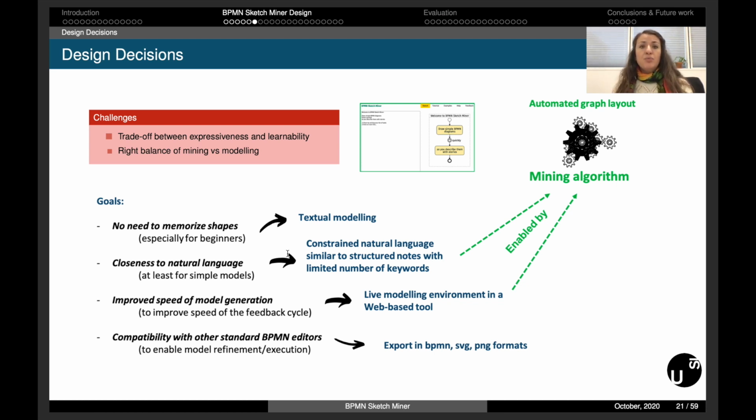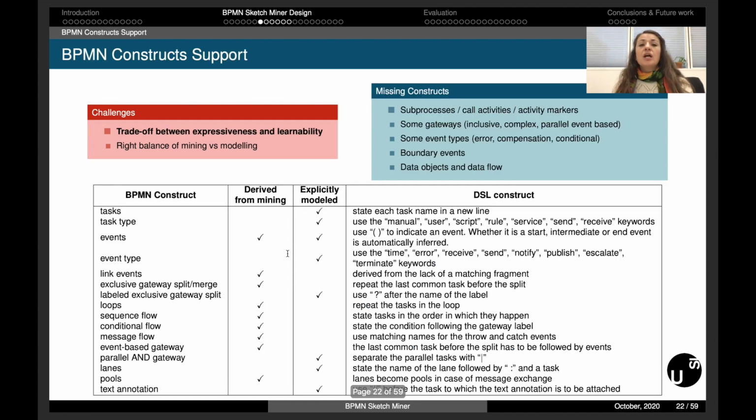We support most of the basic constructs in the BPMN language, and one of the goals of the evaluation was basically to see which of the missing constructs, such as subprocesses, boundary events, some types of gateways, and some types of events, are considered important by the business analysts.